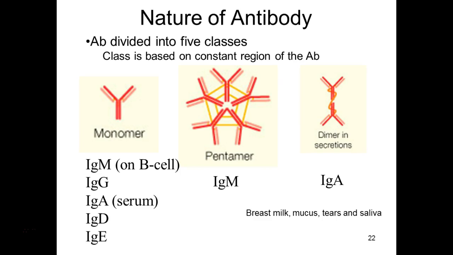Not inexpensively anyways. So you're giving your child this level of protection when you're breastfeeding. You're giving them actual antibodies to help coat their digestive tract. And they've done studies, of course, and children do better that are breastfed as opposed to formula fed.